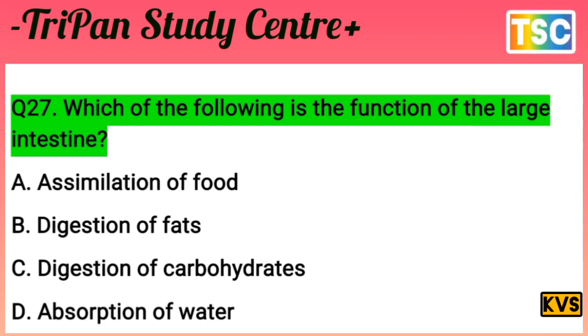You know that, remember from the textbook, the functions of the large intestine include absorbing water and electrolytes, and producing and absorbing vitamins, etc. It means option D is correct here.